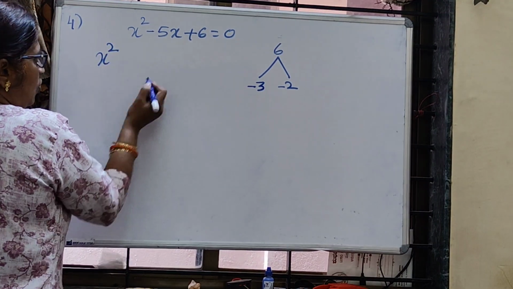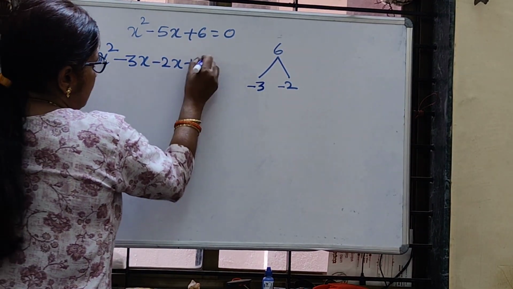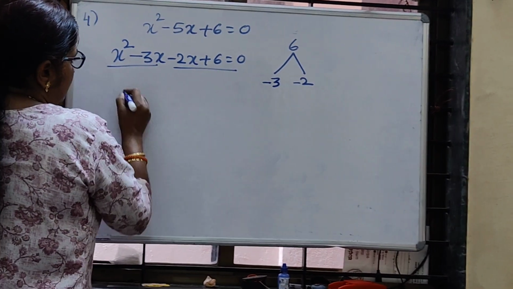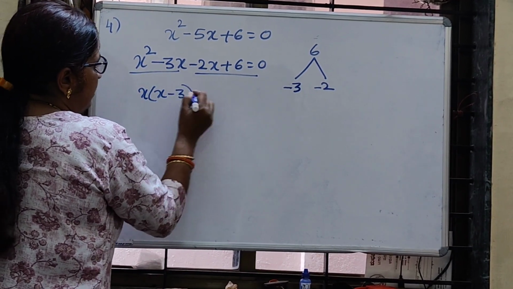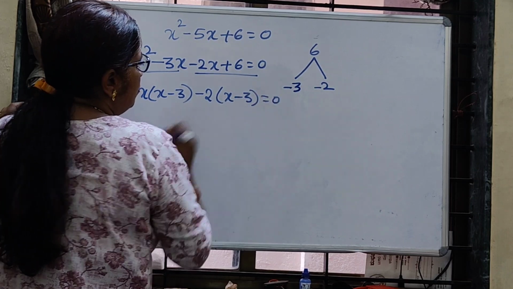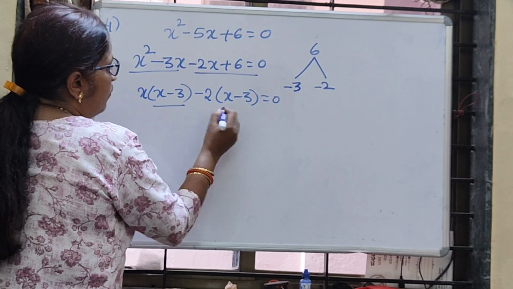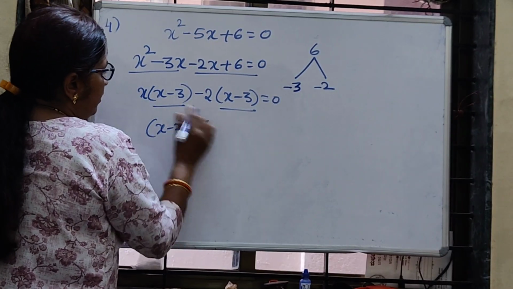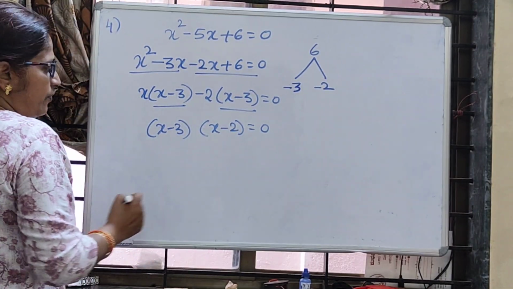Now it is easy to solve. Write minus 3x minus 2x plus 6 is equal to 0. Now group them. Taking x common, x into x minus 3, minus 2 common, x minus 3 is equal to 0, that is 2 threes are 6. Now x minus 3 is common, so x minus 3 remains, x minus 2 is equal to 0.